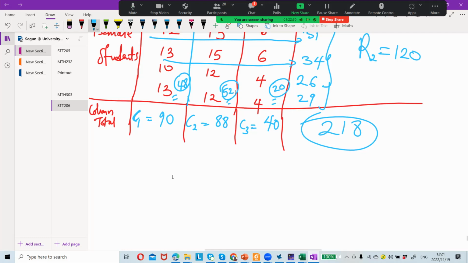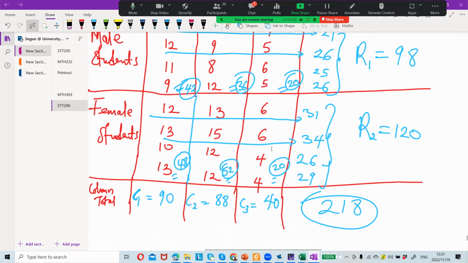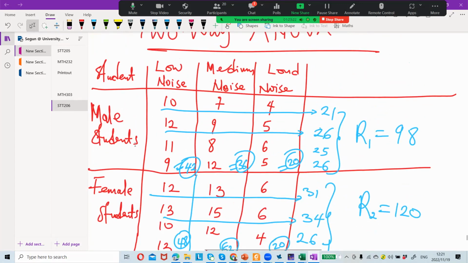One of the things we need to check in this case is, does noise have an effect on the mark of the student score? Or does gender have an effect on their score? Is it because they are male that they have this score? Is it because they are female?